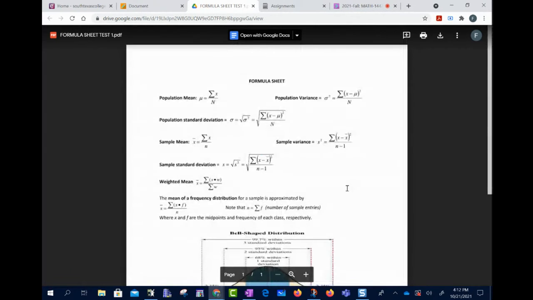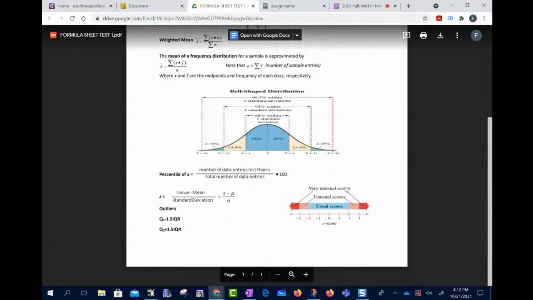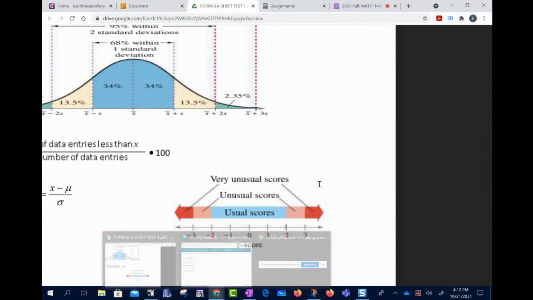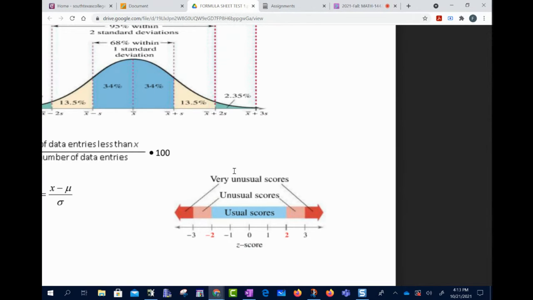And if I pull this up here, you all, this is what I'm looking at. I want to make sure that you guys can see this part right here. Yeah, it looks like you can. This part is telling me where my unusual scores are going to be. Anything between my Z values of 2 and 3 would be unusual.